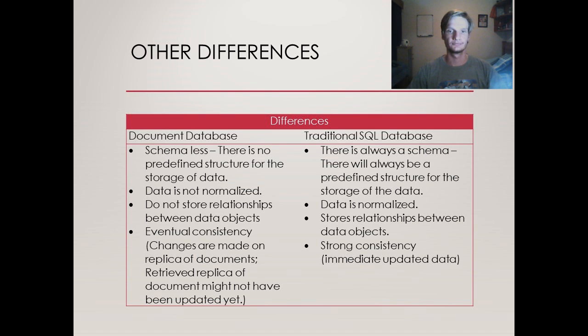The document database doesn't store relationships between data objects, whereas the traditional SQL database stores relationships between data objects.